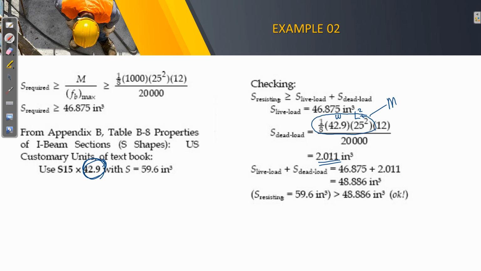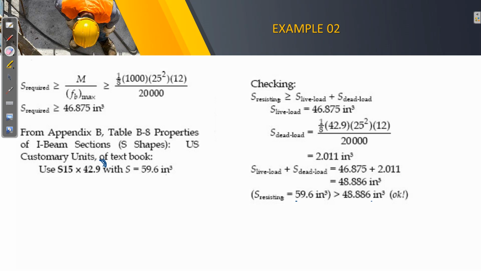We compare this to the S of your selected section, which is 59.6, and it is still greater than the actual 48.89. Therefore, your selected section has passed that criteria, and it is feasible to carry your loading.